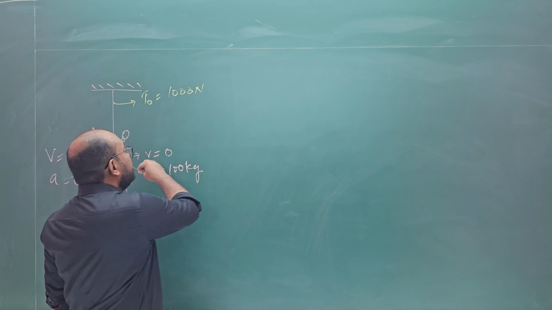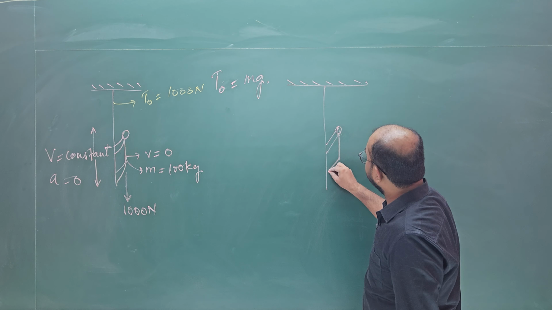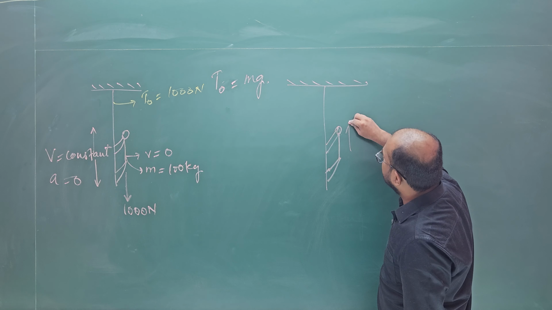Now let us try to understand this. The man is trying to move in the upward or downward direction with some acceleration. Consider the same man over here, and this time he is going in the upward direction with some acceleration. Let's say breaking strength is again given, T naught is equal to 1000 Newton, and the mass of this man is given 50 kg.